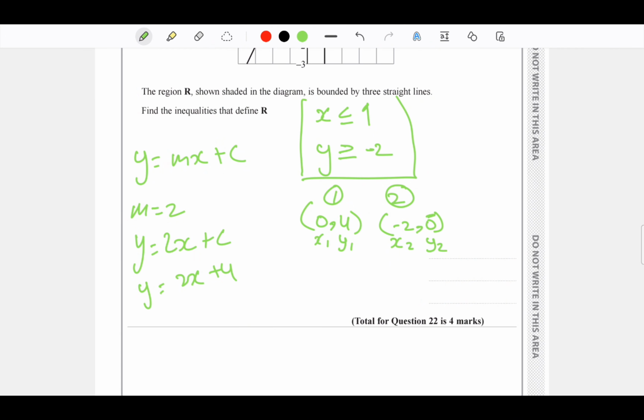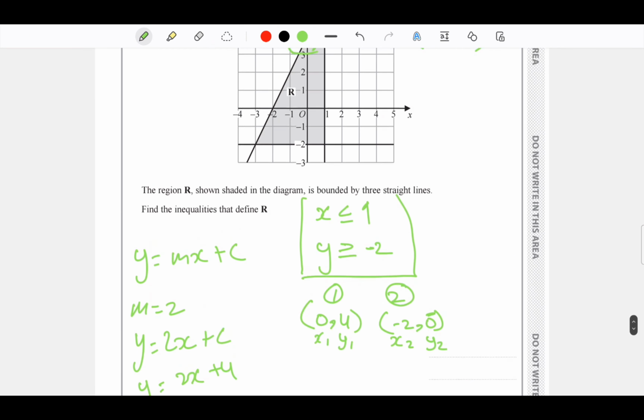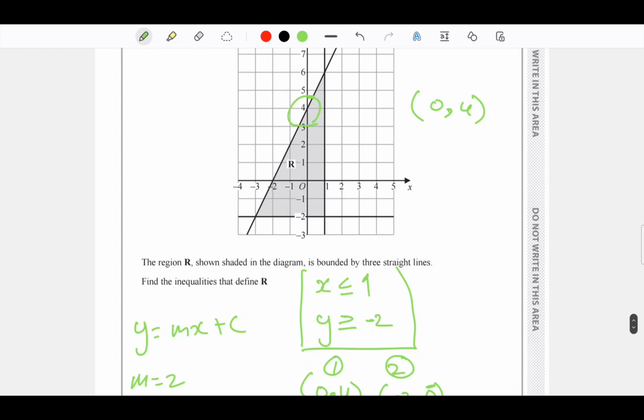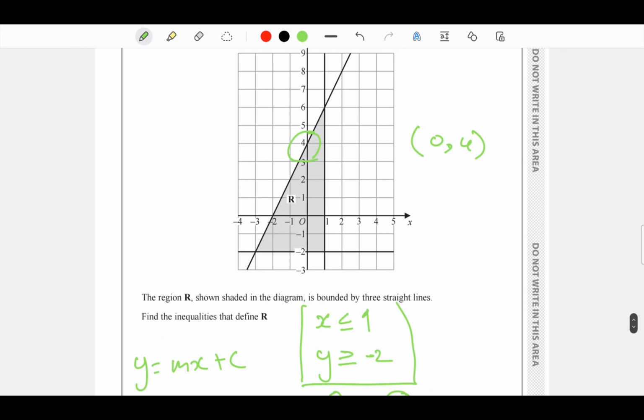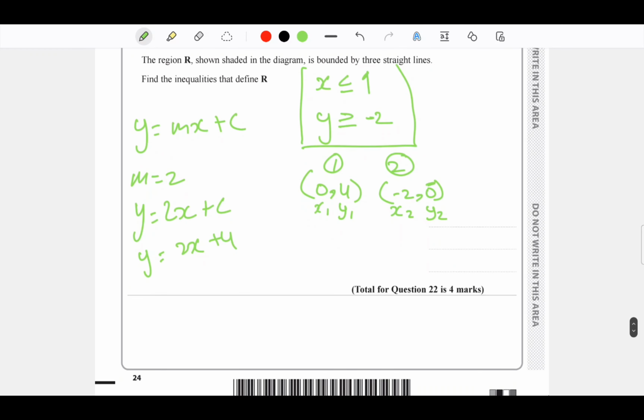Now we have to find the inequality of the line. Which direction are they wanting us to search? I'm going to randomly pick a point. I'm going to pick this point, x is 0 and y is 1. Fill in the blanks into my equation: y is 1, equals 2 times 0 plus 4.